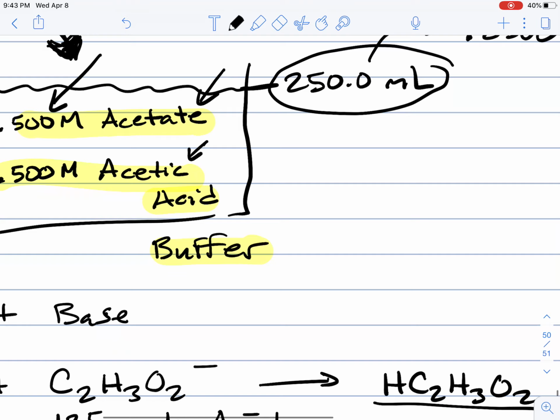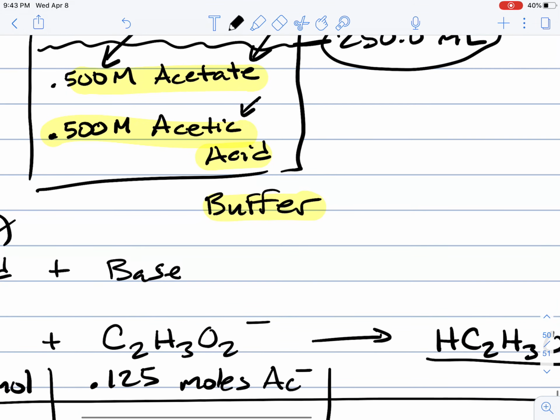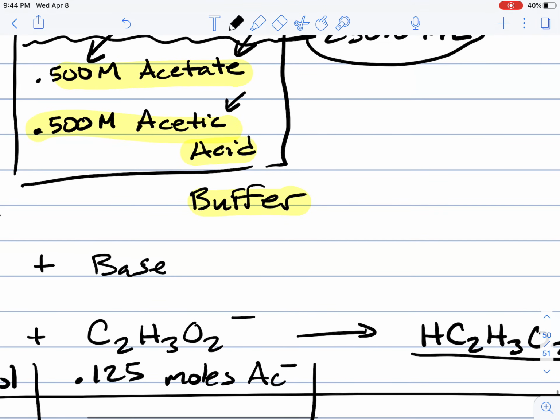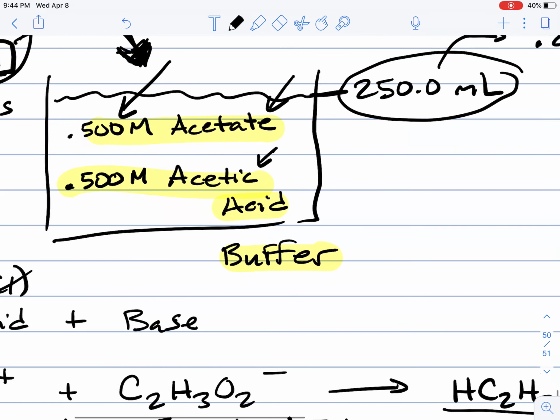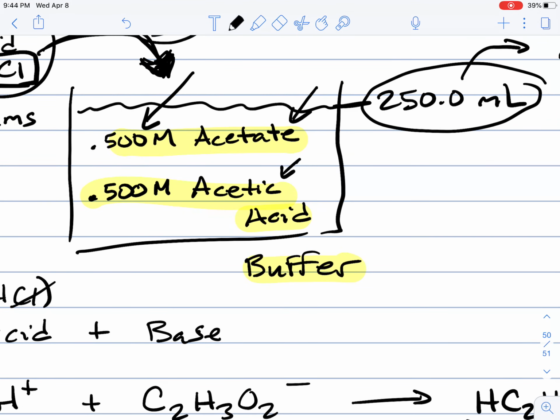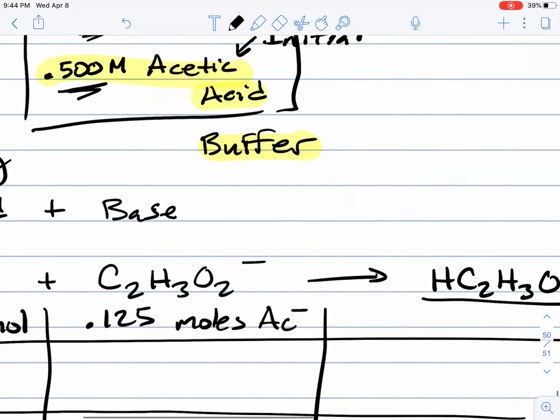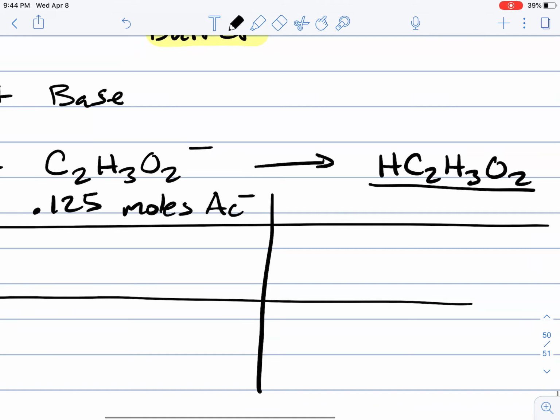We already solved for the initial amount of acetate, it's 0.125. Now we need to solve for the initial amount of acetic acid. Since the volume and the concentration are the same as that of acetate, the value is going to be the same as well. So the initial moles is 0.125 for acetic acid.